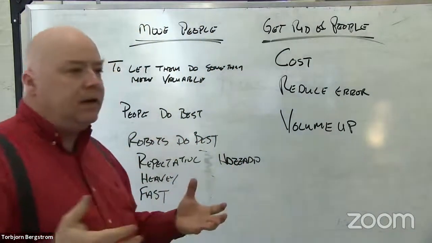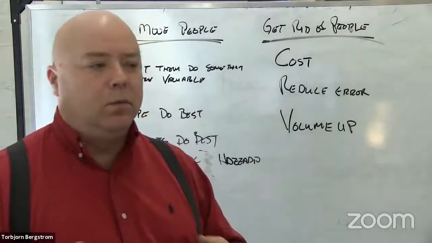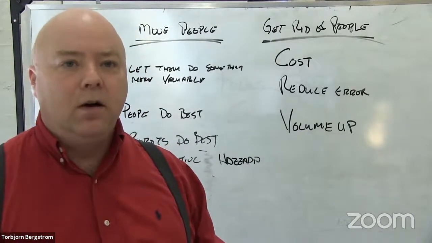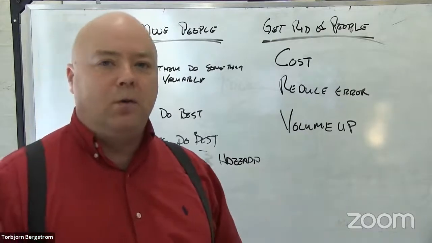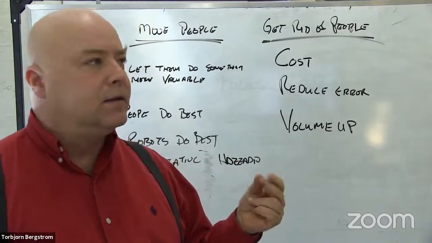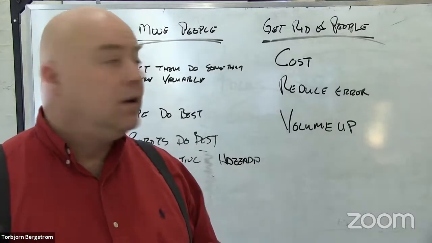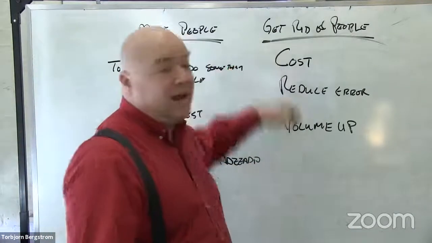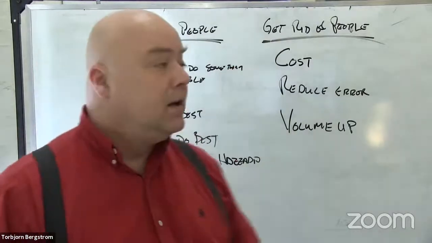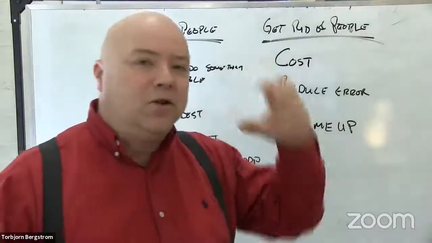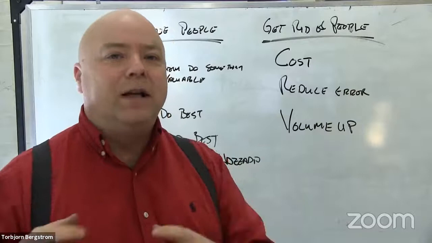Now, heavy is obvious. We don't want to do heavy work, and we don't want our workers to do heavy work because they might get hurt. And when your workers get hurt, that has a lot of cost, especially if they got hurt doing something that you could have prevented them from needing to do.